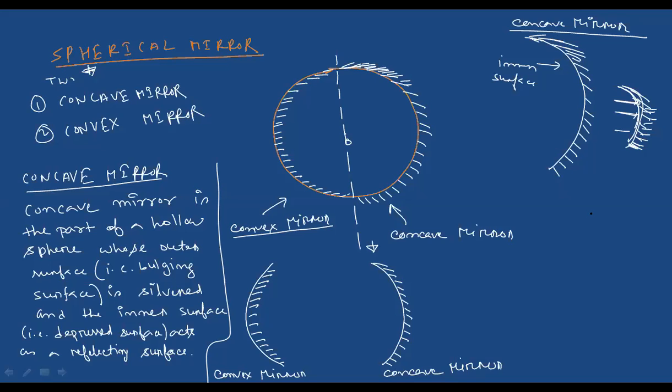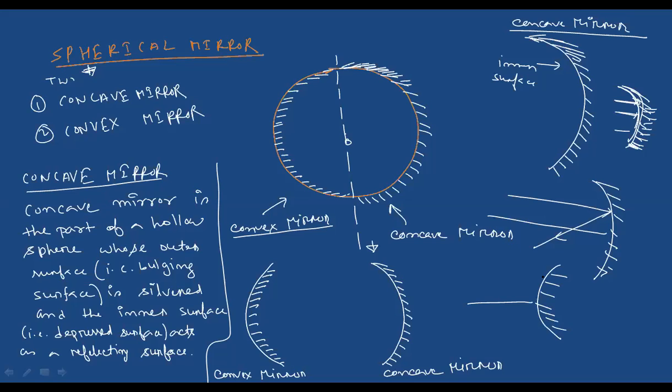Now see, in case of concave mirror, suppose a ray is coming from here. The inner surface is your reflecting surface. That's why it will strike at the inner surface and then reflect like this. But in case of convex mirror, the outer surface is the reflecting surface.